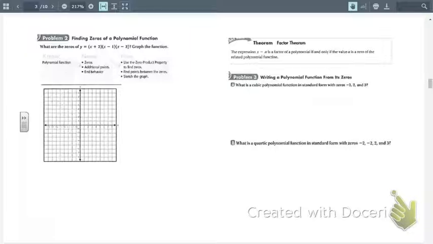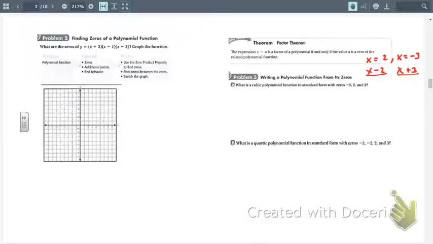Alright, so what does this mean? It means that if we have a solution, x equals 2, and we have another solution, x equals negative 3, x minus 2 would be a factor, and x plus 3 would also be a factor of that polynomial.